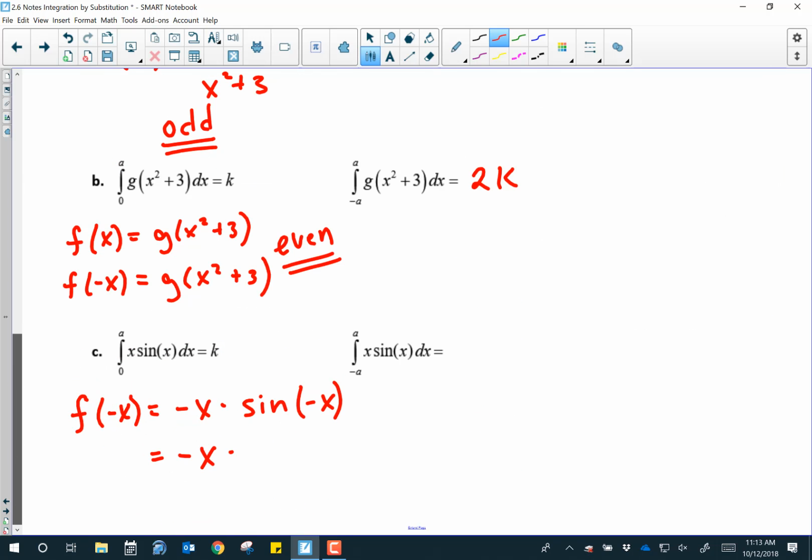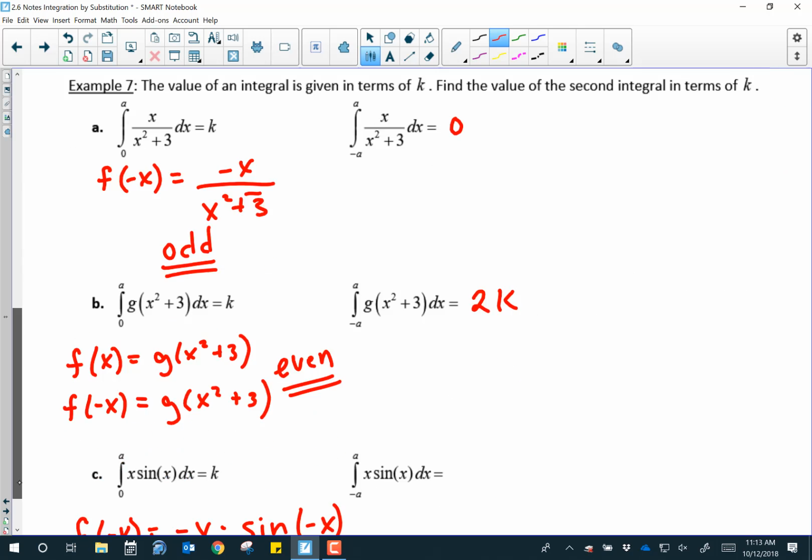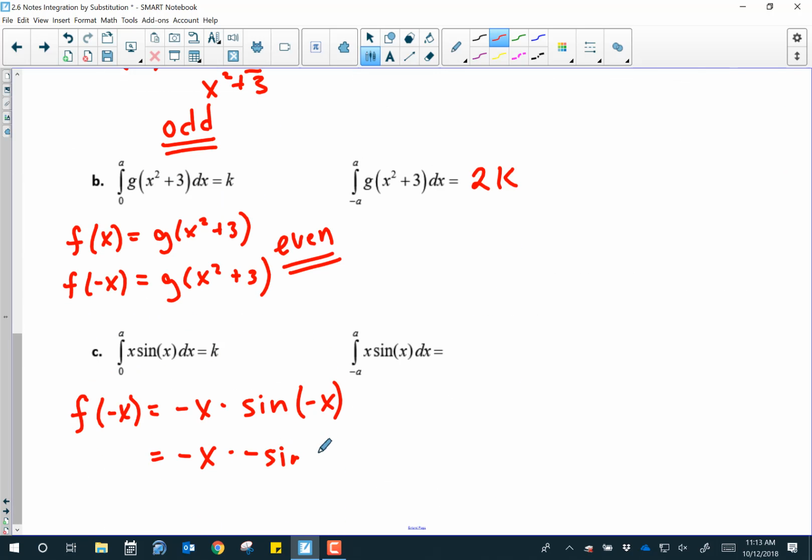So sine of negative x would equal negative sine of x. Then this becomes x times sine of x, which is what we started with, so this whole thing is actually even.